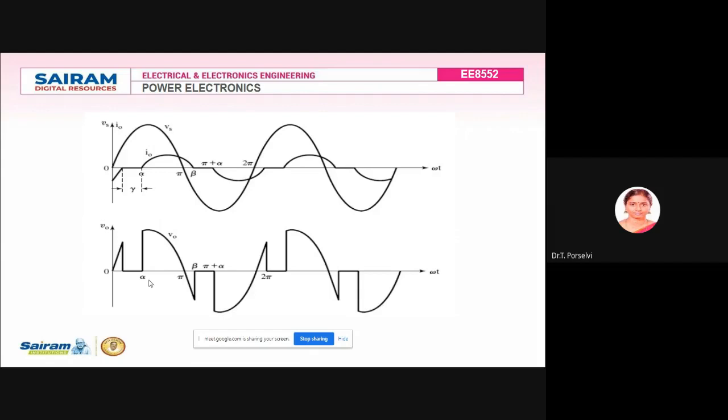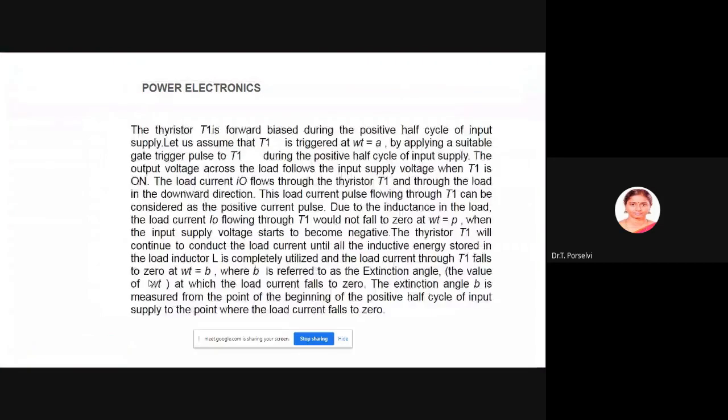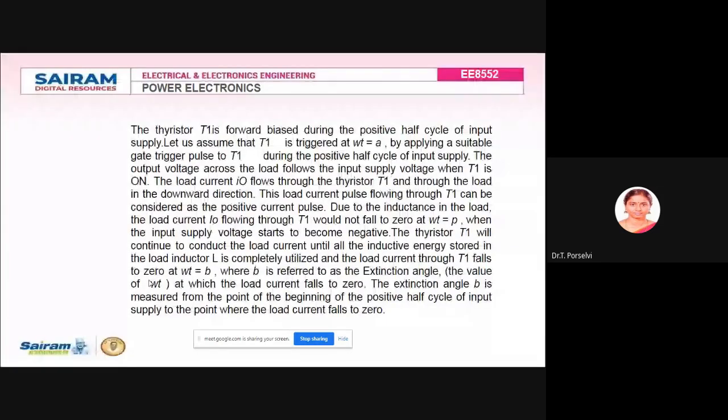This is the output voltage and current waveform for the single phase AC voltage controller with RL load, and the condition we have seen here is the discontinuous conduction mode. That is what is explained in this slide. The current reaches 0 at beta, which is called the extinction angle.